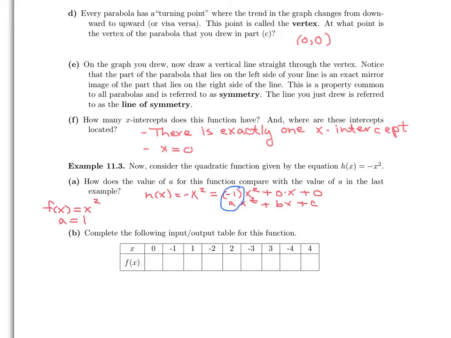So in the case of h at x, we have a equaling negative 1. So how do the a values compare? They are opposite in sign. 1, negative 1. So the a values are opposite signs.